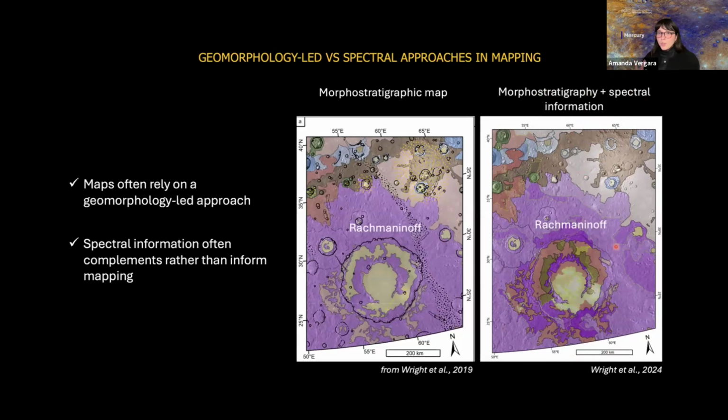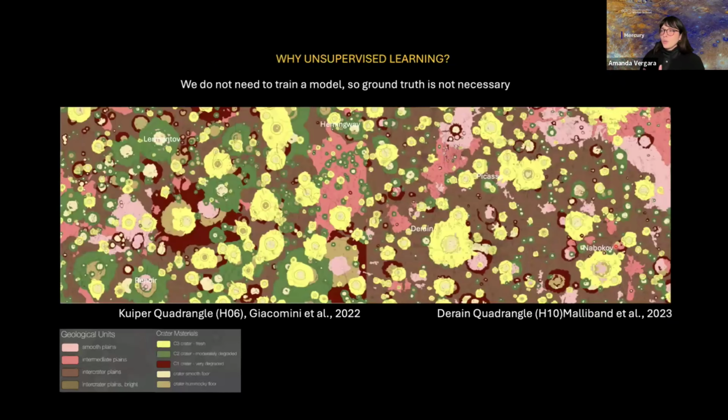So this work aims to create a set of global explorative maps that incorporate both spectral and geomorphological information using unsupervised learning. And we use unsupervised learning, as I said before, because we do not need to train a model, so the ground truth is not necessary.